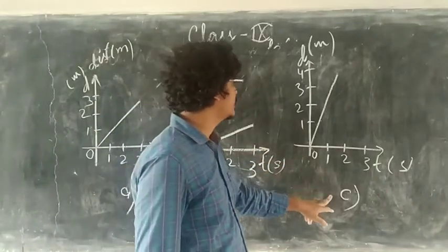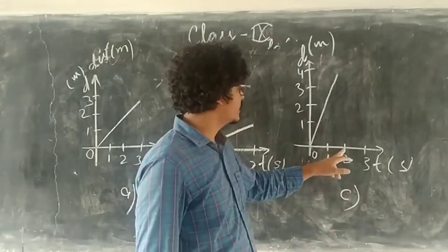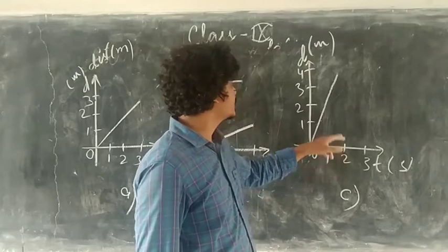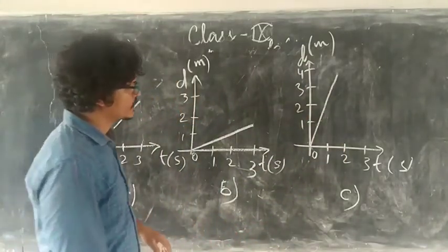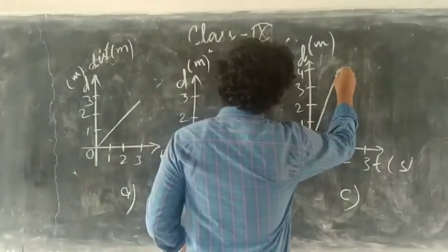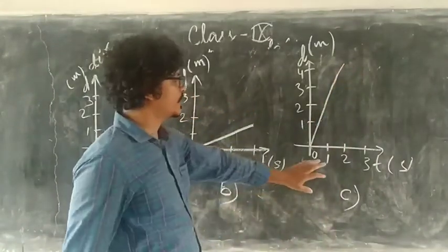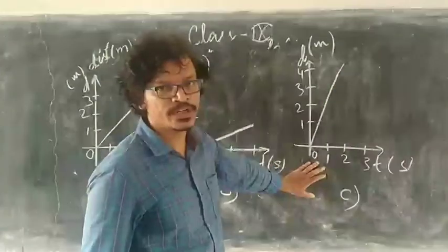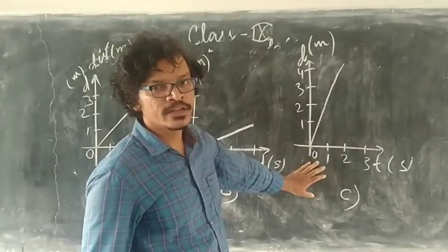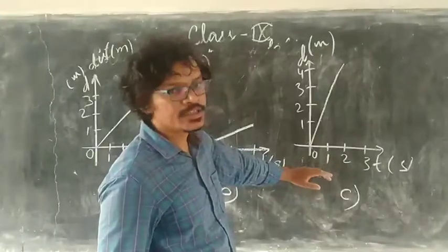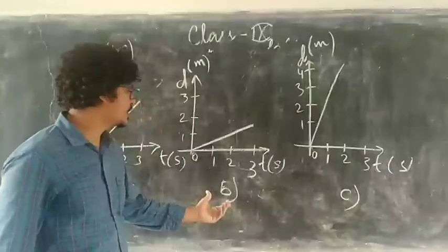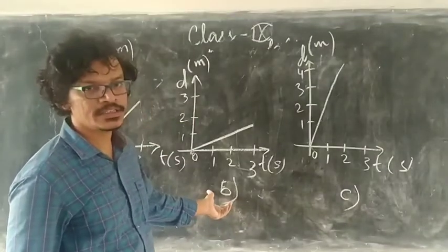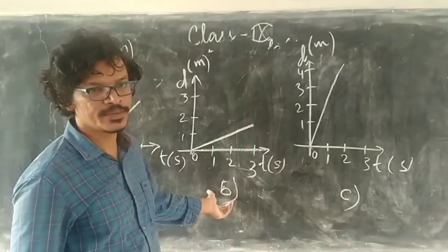In graph C, in 2 seconds, it is covering 4 meters. So from the graph you can see that in graph C, the object is covering more distance in unit interval of time. And in graph B you can see that the object is covering very little distance in unit interval of time.